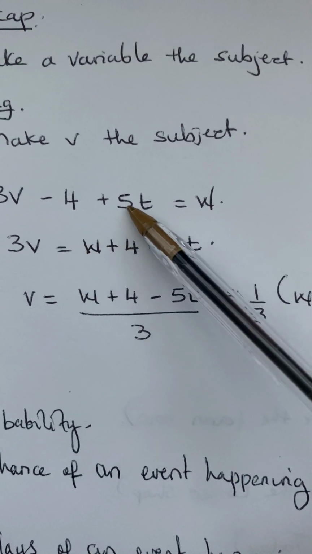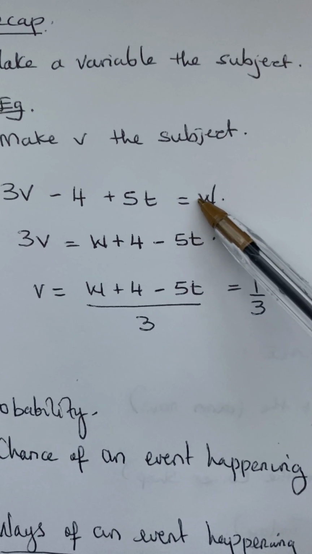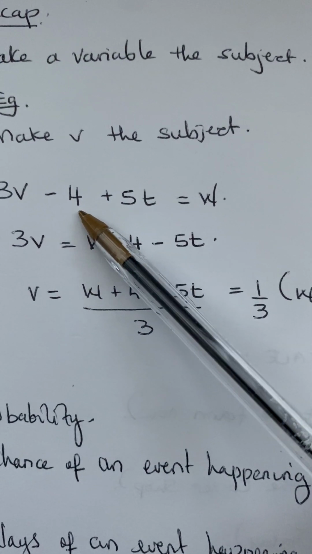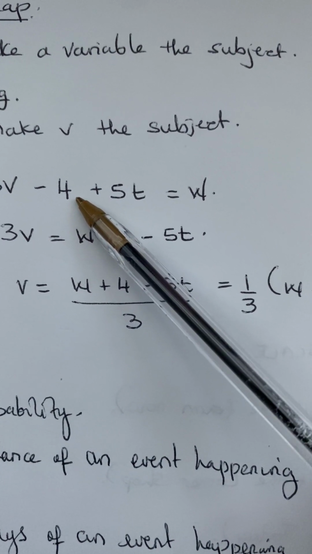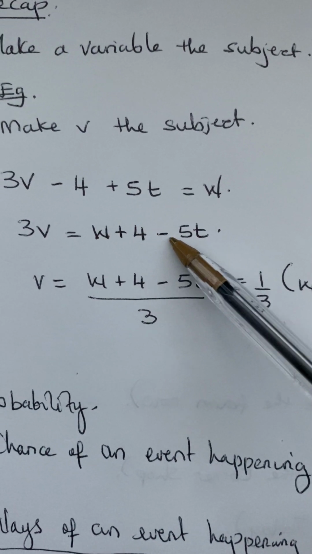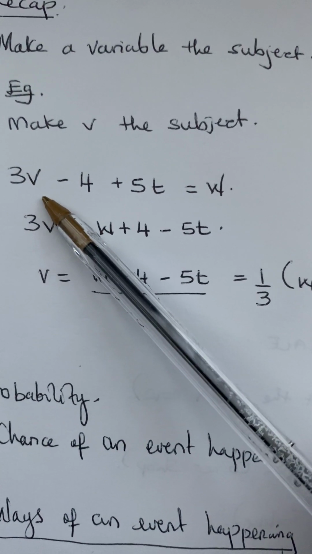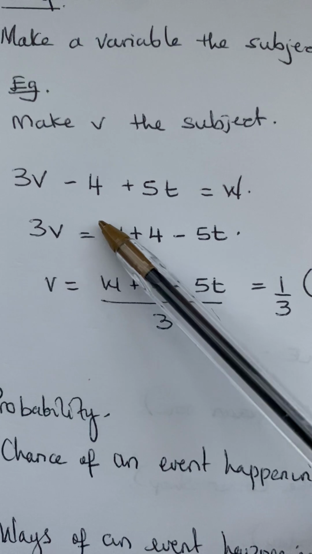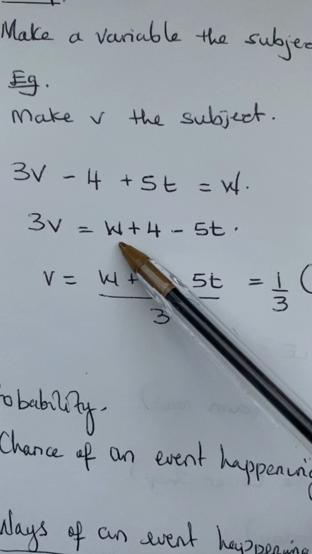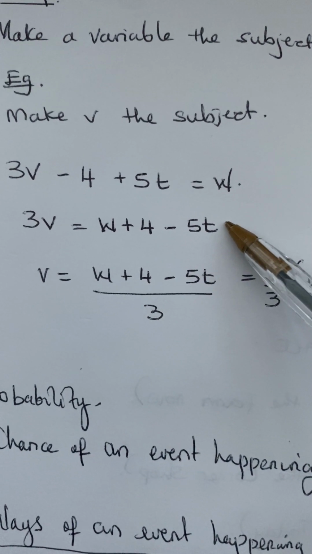So when I move 5t, I have w minus 5t. Now if I move minus 4 to the other side, it becomes w add 4 minus 5t. But we still have 3v. So now 3v equals w add 4 minus 5t.